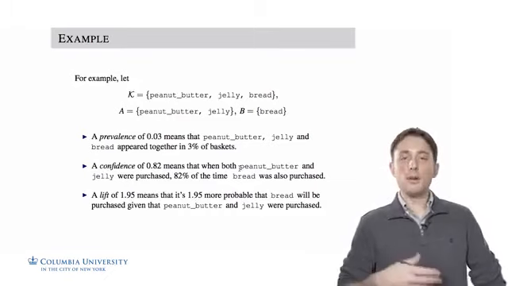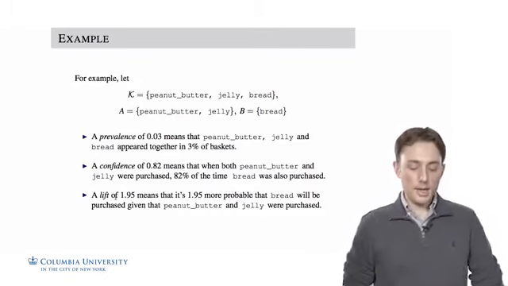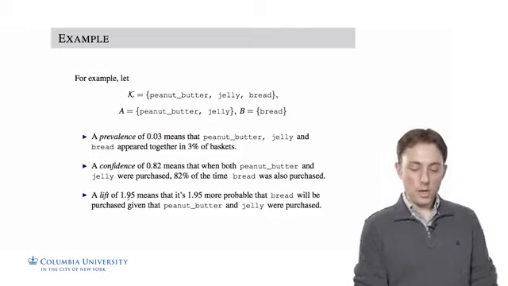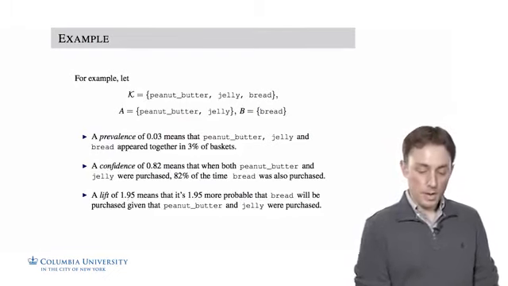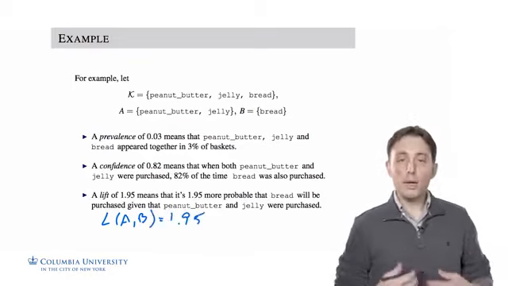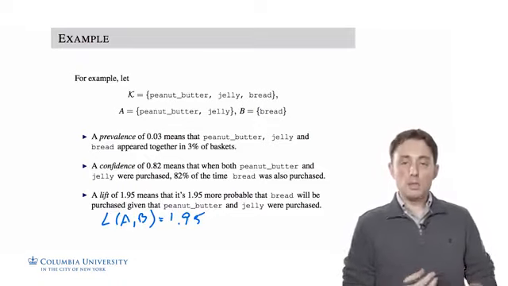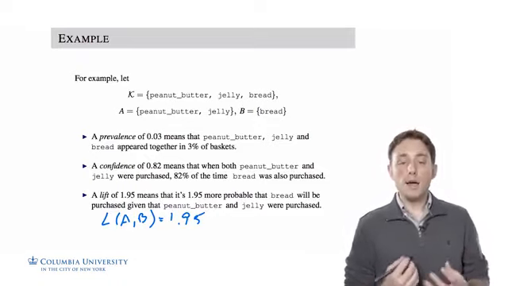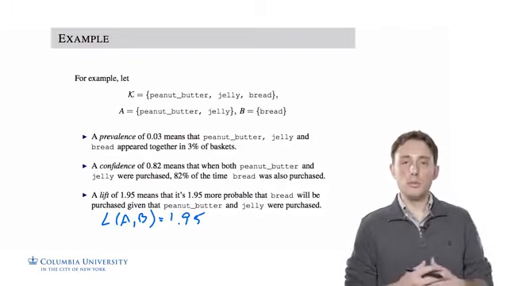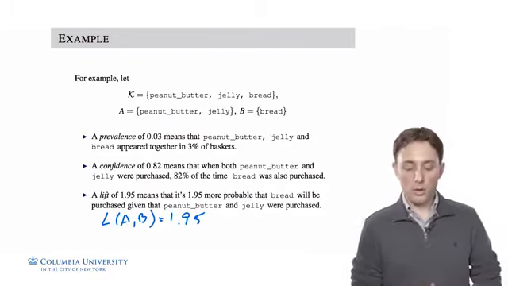And then finally, if you tell me that the set B and A have a lift of 1.95, so if you tell me that L(A, B) equals 1.95, then what that means is that it's 1.95 times more probable that bread will be purchased given that peanut butter and jelly were purchased compared to the probability of bread being purchased at all.